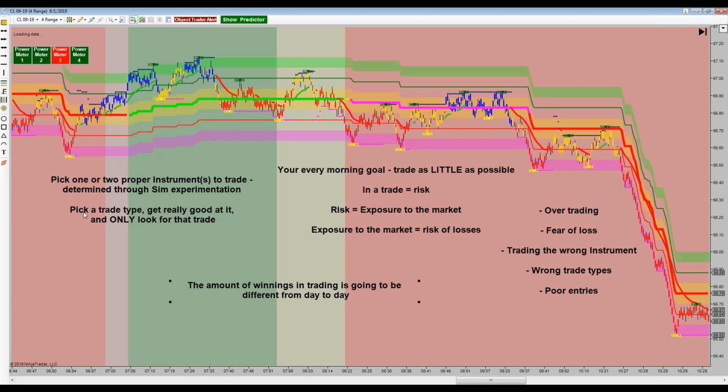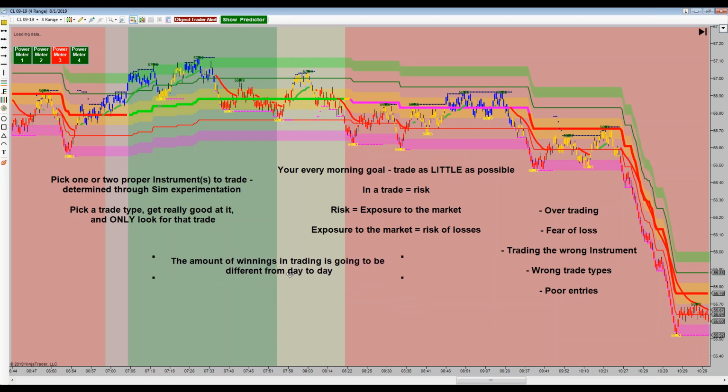Maybe it's the midband one. Check mark two. He's saying here that he doesn't overtrade and that he has a goal that he's going for, and normally in 45 minutes or so, he is done. So he's reducing his risk and exposure to the market. And he's also affirming the fact that the amount of winnings from day to day might change, but you do have a trading goal and you want to try to stick to it.